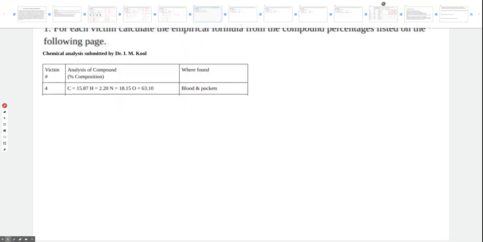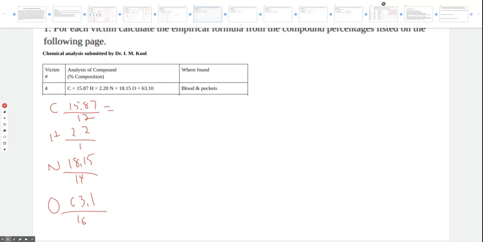Victim number 4. One compound. 15.87 carbon, 2.2 hydrogen, 18.15 nitrogen, and 63.1 oxygen. Molar masses, we get 1.32, 2.2, 1.3, and 3.94.